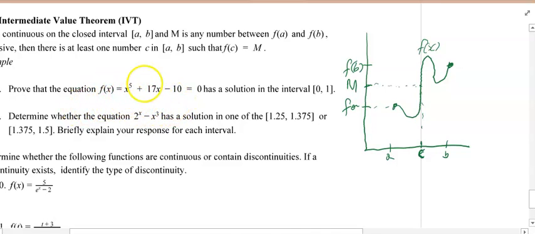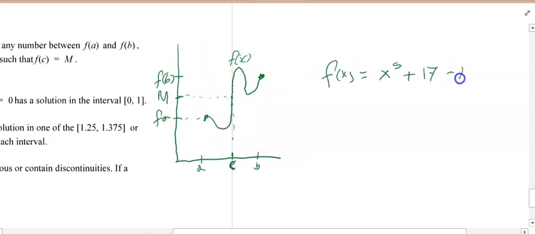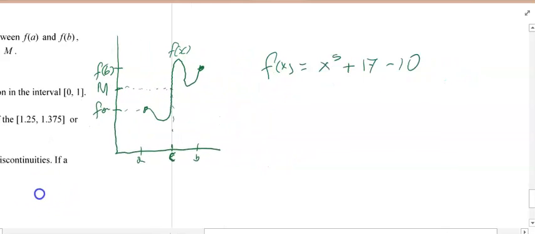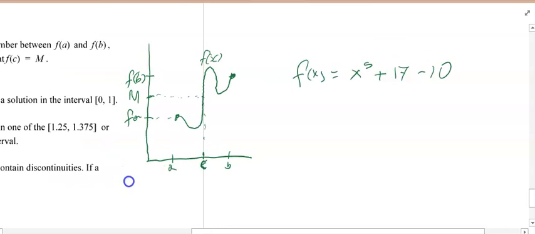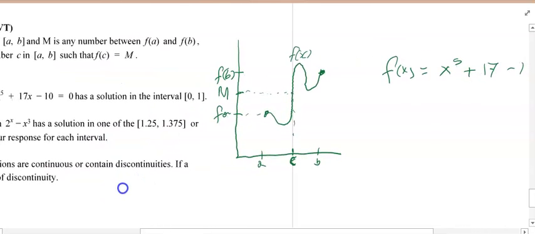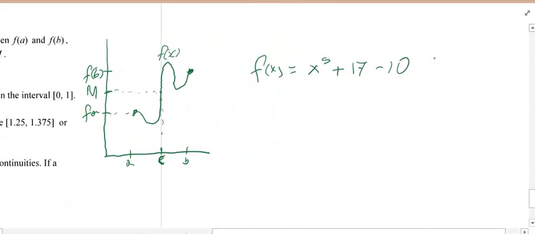F of x is equal to x to the 5th power plus 17x minus 10. And I want to show that it has a solution in [0, 1]. When we say it has a solution, it means that it has a 0 in the interval [0, 1].